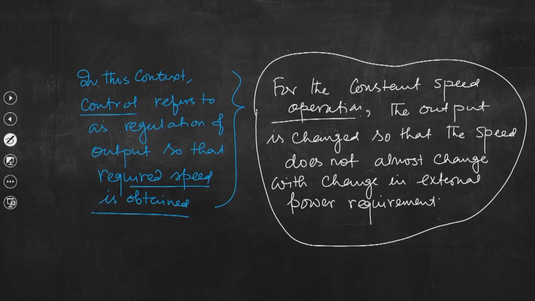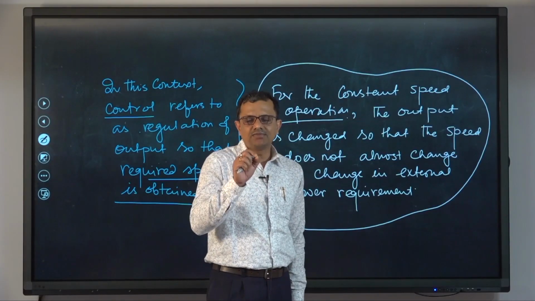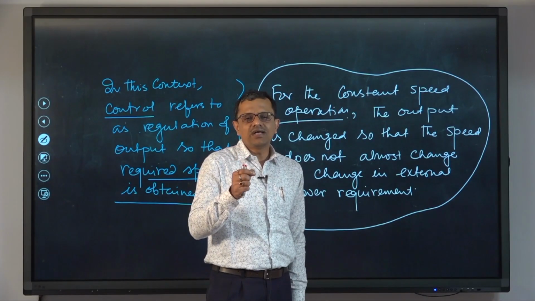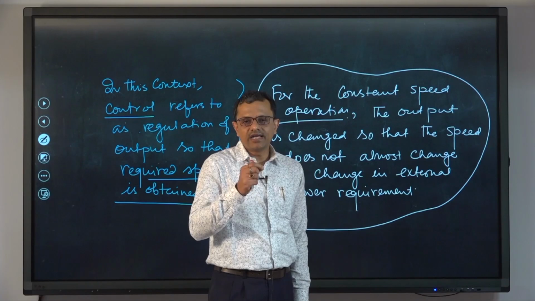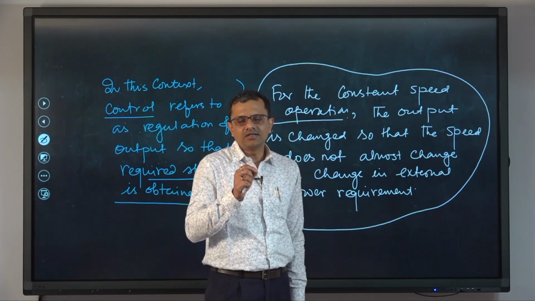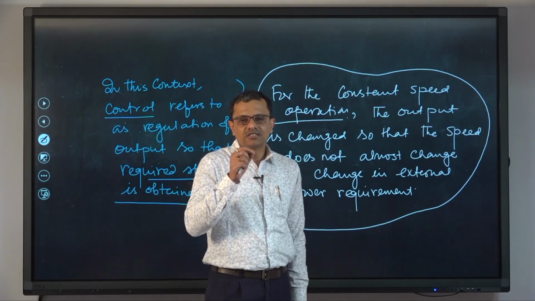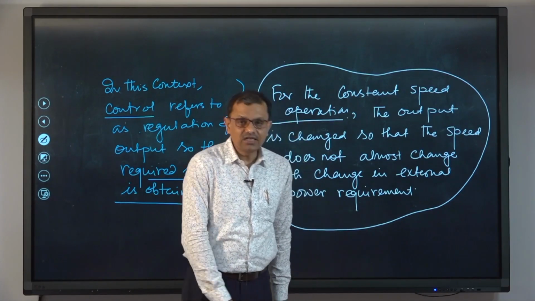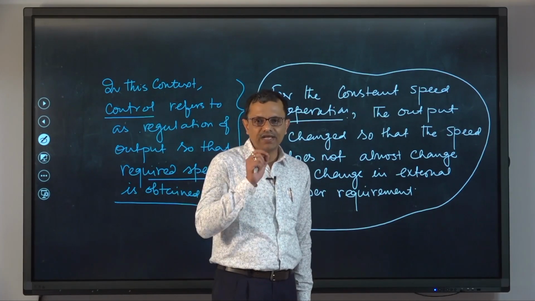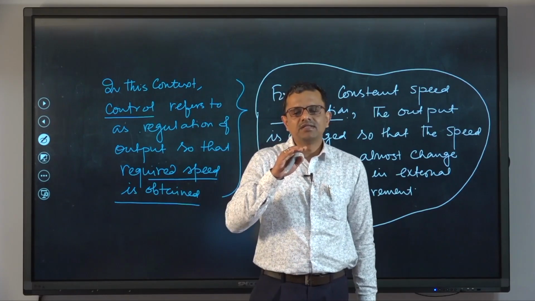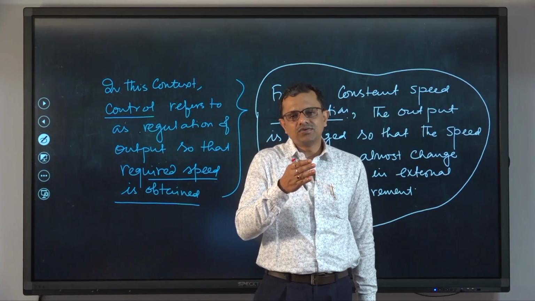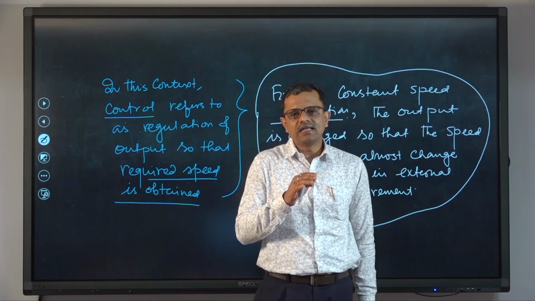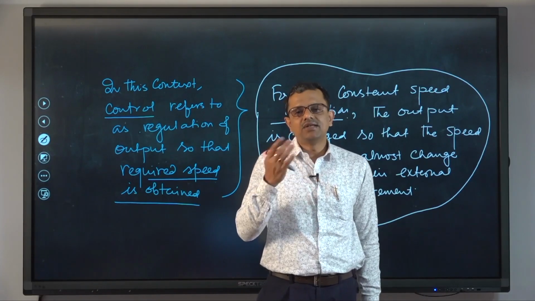Here for the constant speed operation, the output is changed. Now, we need to maintain the speed more or less constant, and that is why engines are provided with a speed governor, also known as speed control or constant speed governor, and the function of this governor is to regulate speed irrespective of the load variation.